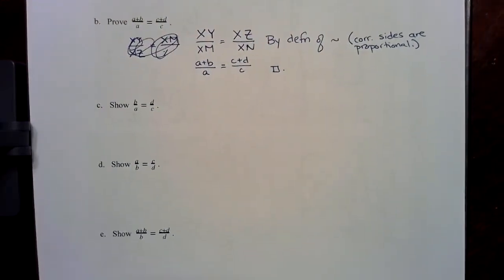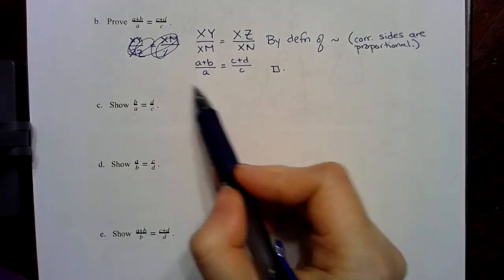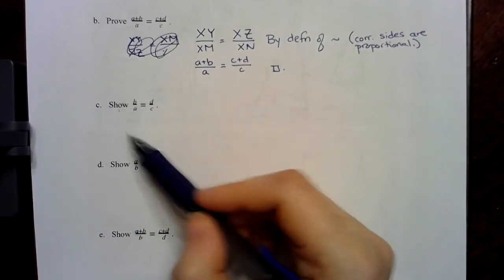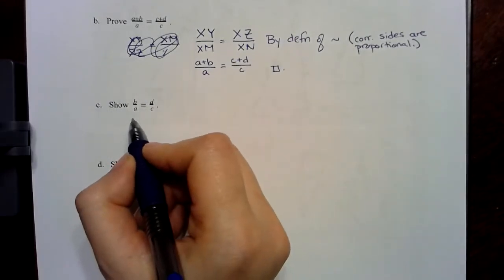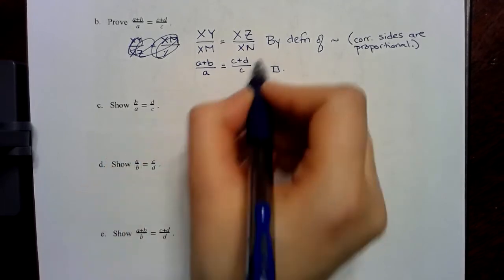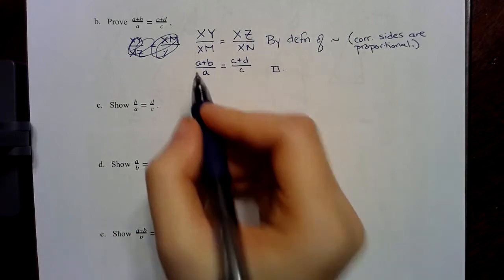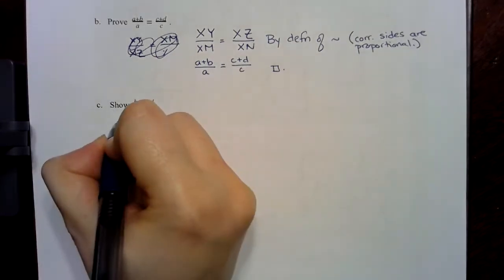The rest of these, I don't think I need to look back at the picture. I think I can start from this that I've already proven and do some rearrangement to get these various statements. Okay. So I'm going to start with the thing I know.